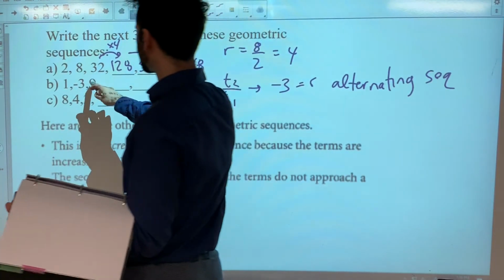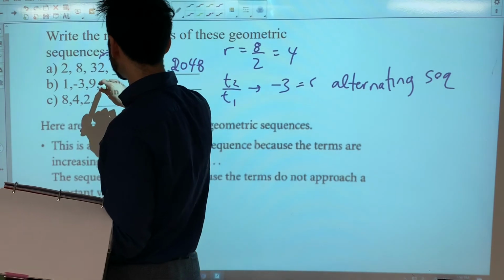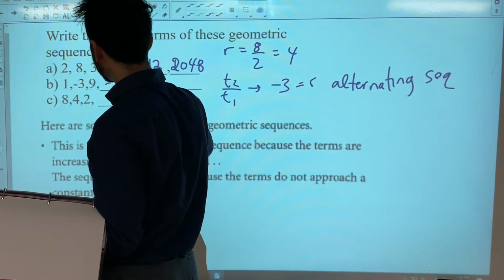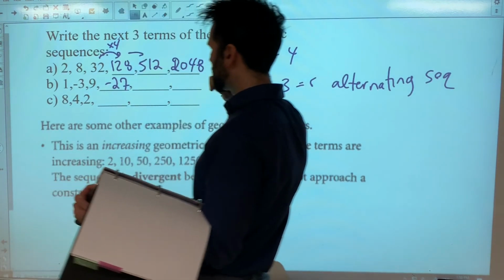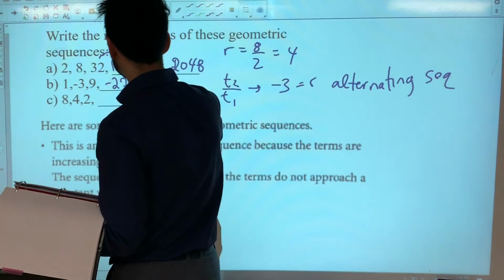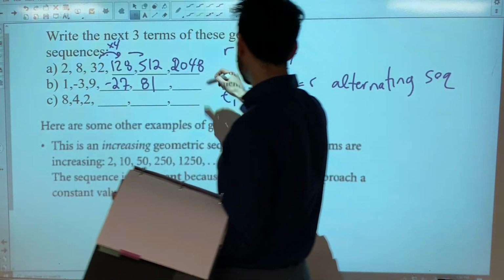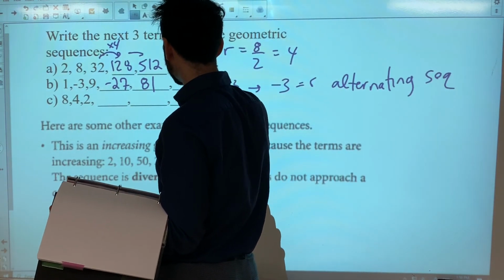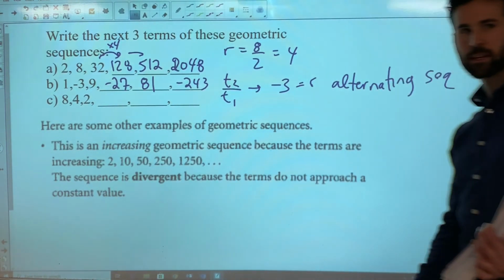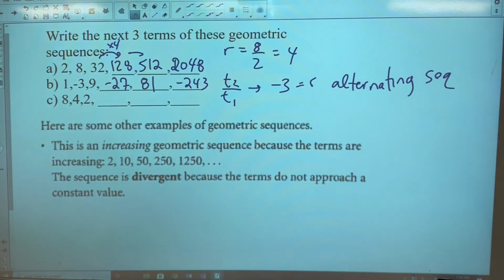So when you go 3 times negative 3, you're going to get negative 9. And then you go negative 9 times negative 3, you're going to get a positive 27. And then when you go 27 times negative 3, negative 81.